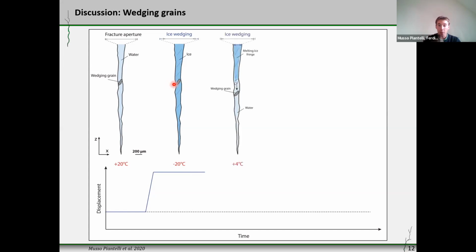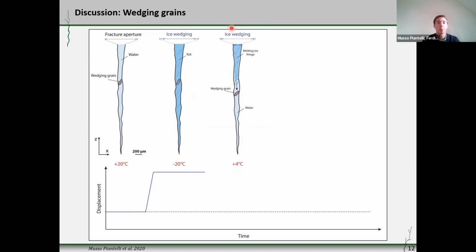Then, starting the cooling part of our curve at about +4 degrees, the melting of the ice starts from the sides of the fracture, where the warmth actually comes from, and then propagates and melts in the core of the fracture.